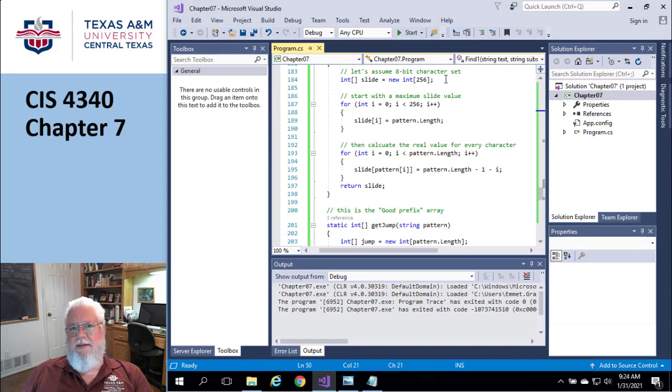So if I had a 4-character word and I was off by 1, I would get a score of 1. If I had a 10-character word and I was off by 1, I would get a score of 1. If I had a 1,000,000-character word and I was off by 1, I would get a 1. Okay, good.